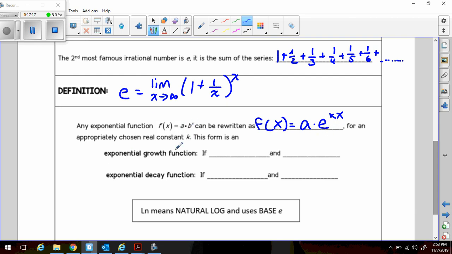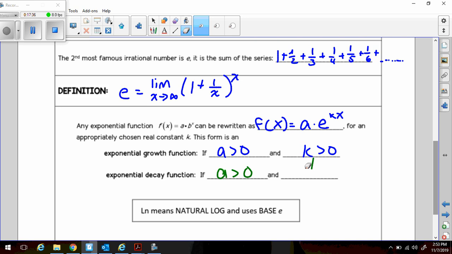Okay? If it's a growth function, then a is greater than 0 and k is greater than 0. If it's a decay function, of course it's the opposite. A is still greater than 0, but then the k is going to be less than 0.